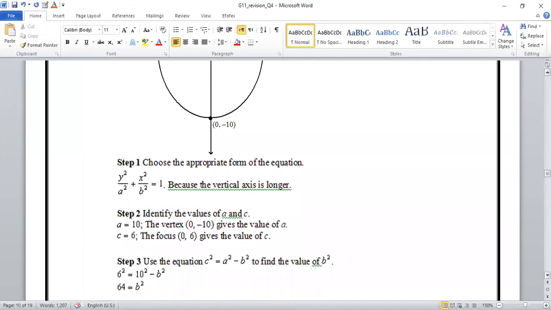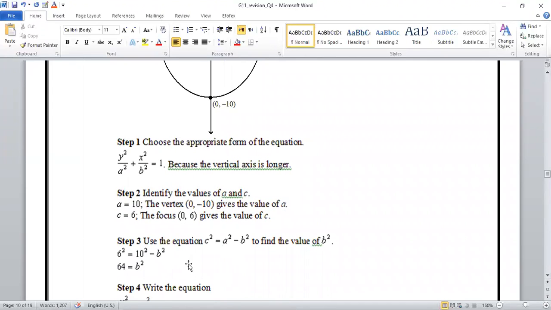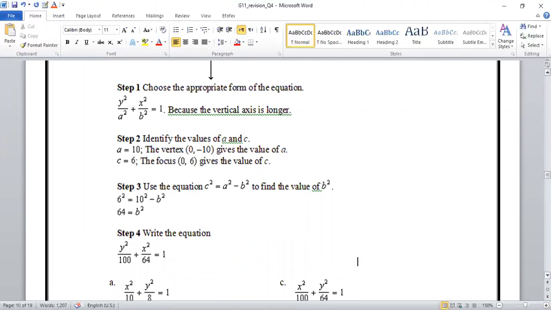We can get the value of b from the relation c² = a² - b². By substituting a by 10 and c by 6, we get b² = 64. Then we write the equation: y²/100 + x²/64 = 1.